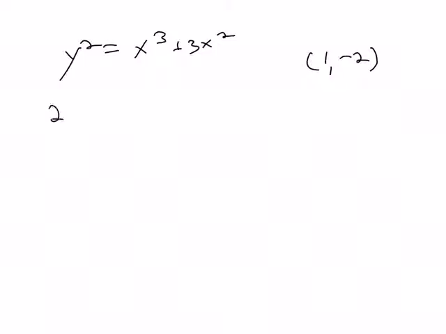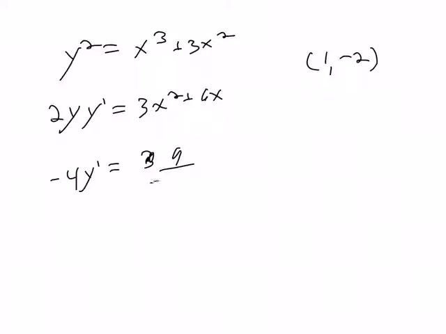So we're going to have y squared, I'm not going to graph it, but is equal to 3x squared plus 6x. So what we have is negative 4y prime is equal to 3 plus 6, which is 9. Put a negative 4 over there, so that's the slope at that point.